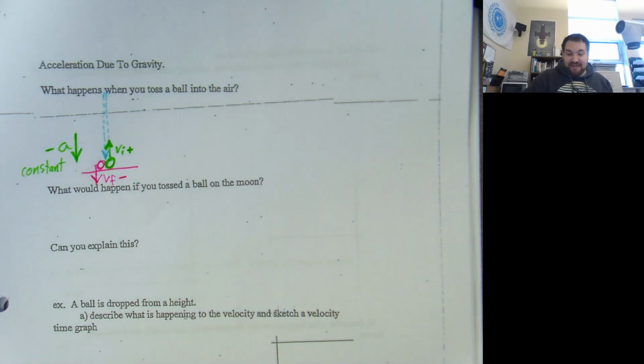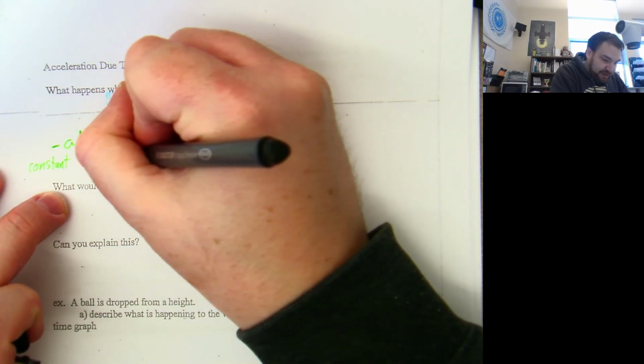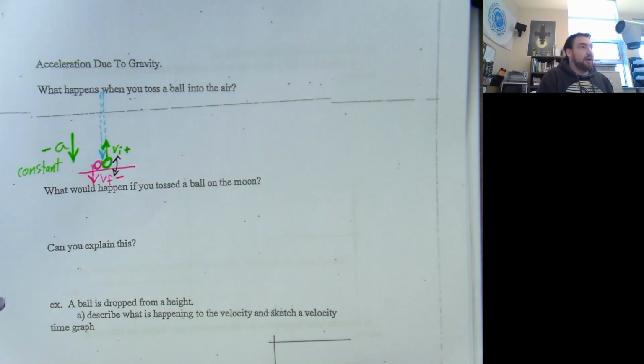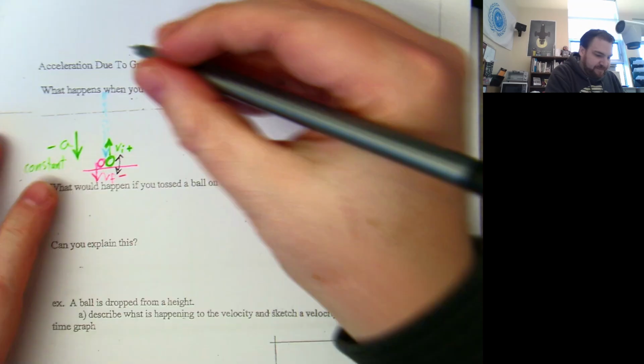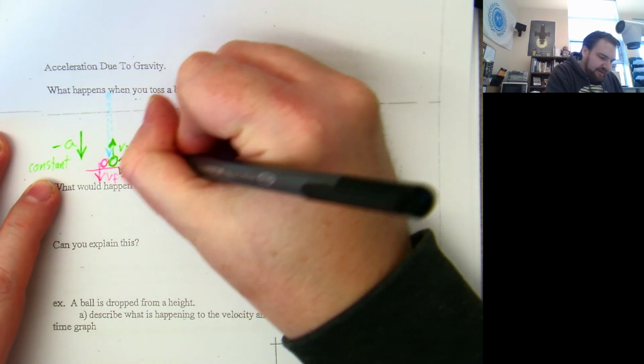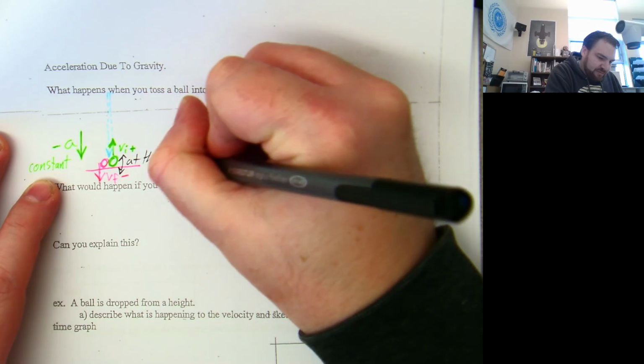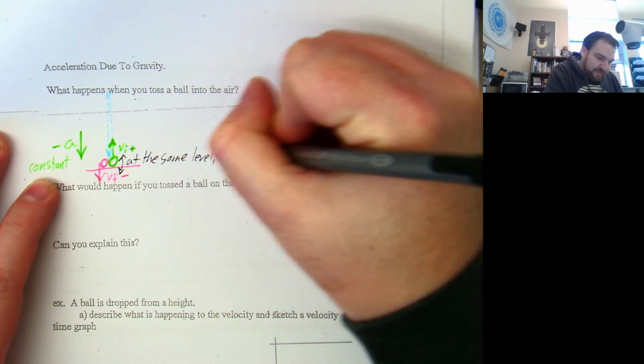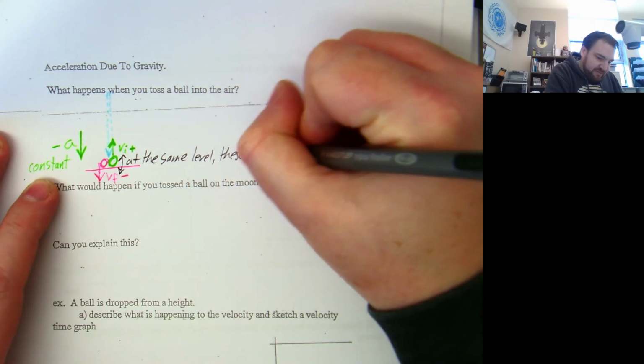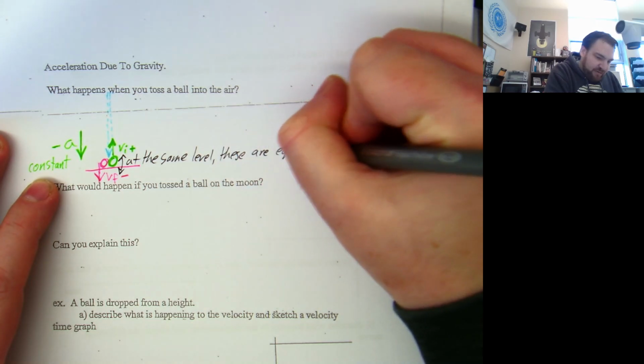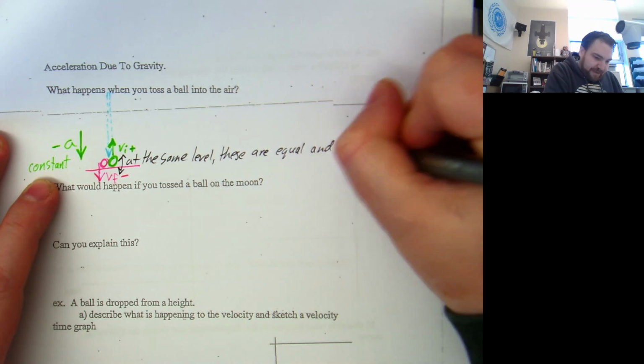And when they're at the same level, the magnitudes are equal. At the same level, these are equal and opposite.